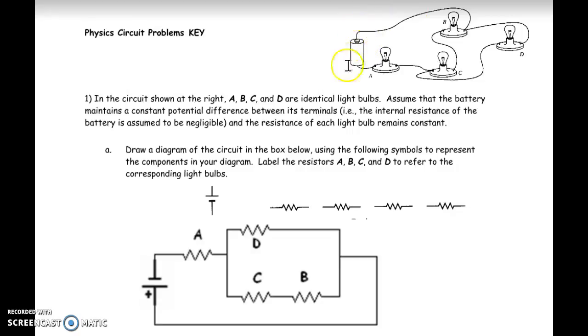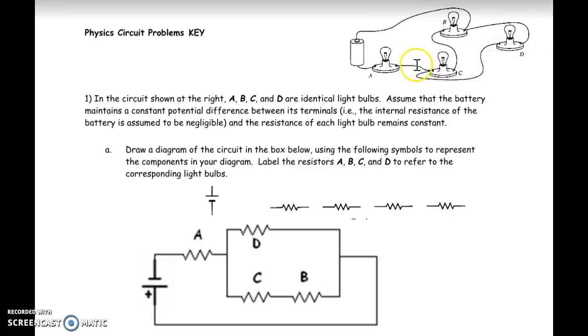It's going from the positive side and it's trying to get over to the negative side. So the current flows down from the positive, goes through D, and then it'll go through A. If we look here, we're going from the positive, down through D, and then down through A to get back. So B and C are in series with each other on one of these parallel branches, where D is by itself in the parallel branch.